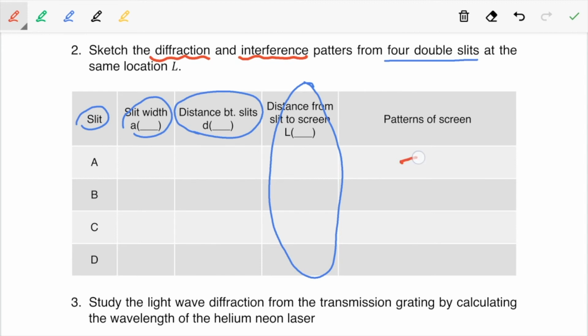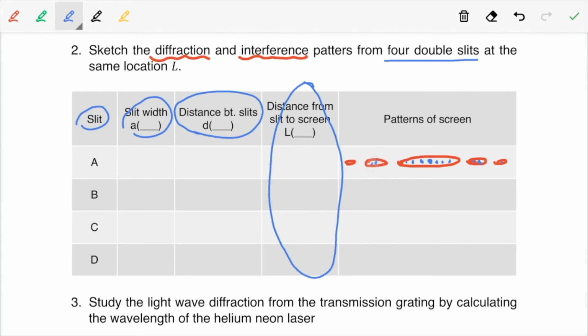For example, you need to draw the diffraction pattern here, here, here, here. It's like this, and after that you need to draw the interference pattern inside here. It should be like this, right? Draw it, try your best.